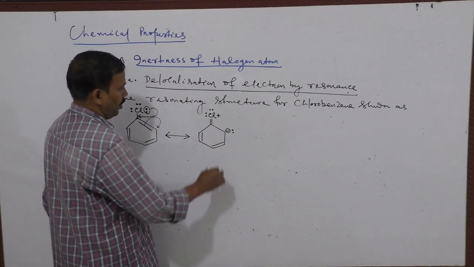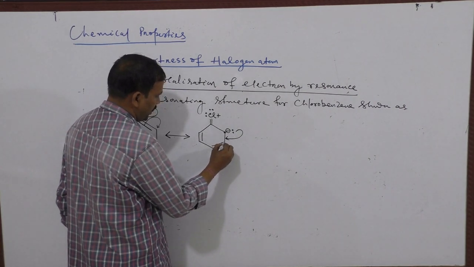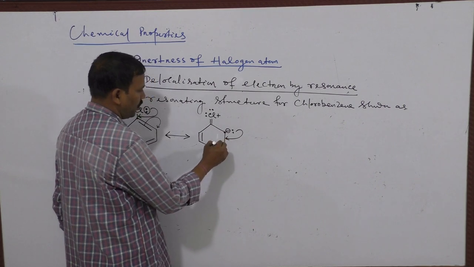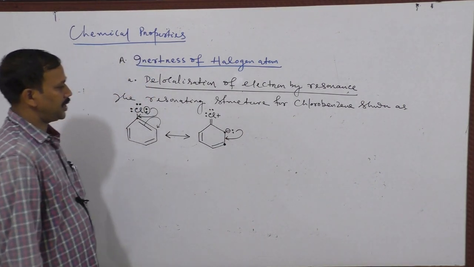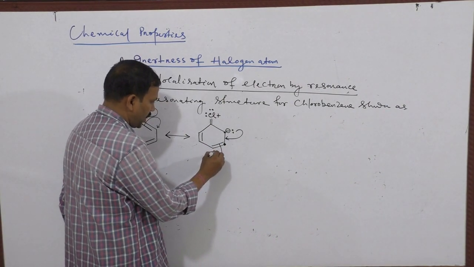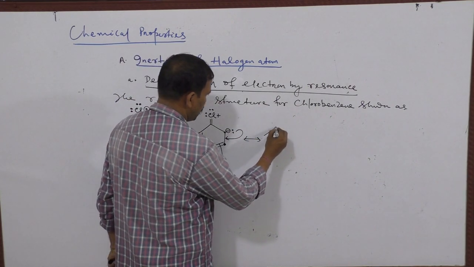When this pair of electrons moves in between the carbons, again this carbon becomes pentavalent. Now 2 bonds to 4 and 1 hydrogen remains present at that position. So automatically this pi bond can delocalize to the next carbon. Now draw the resonating structure.